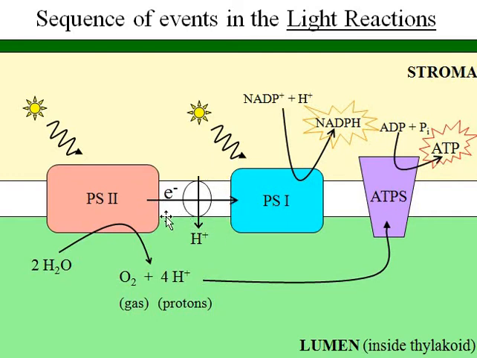During the transfer of electrons from PS2 to PS1, protons are moving into the lumen of the thylakoid from the stroma. So while the electron moves, protons also move inward, from stroma to lumen.